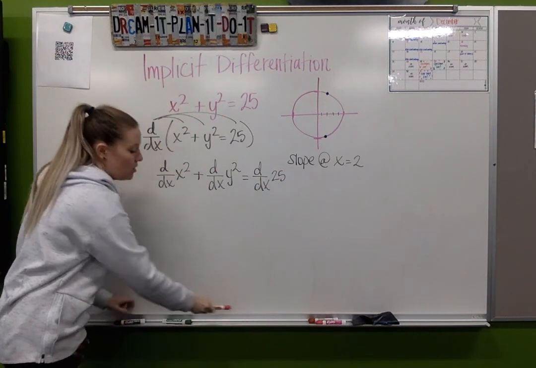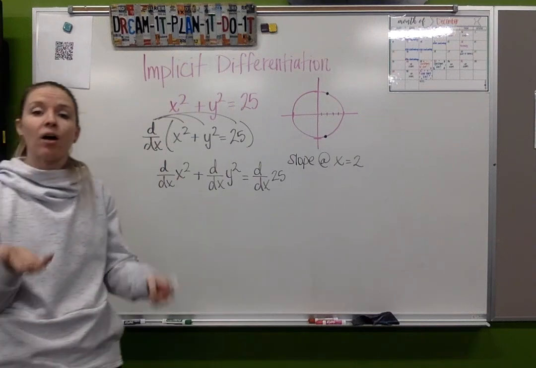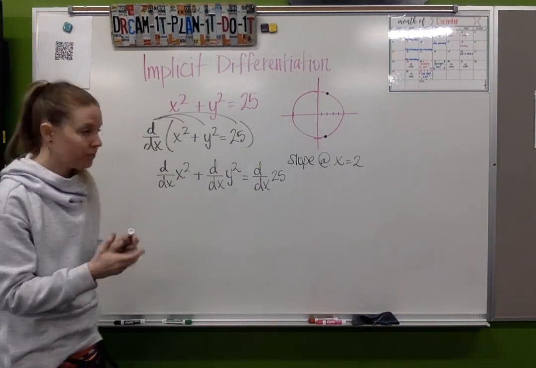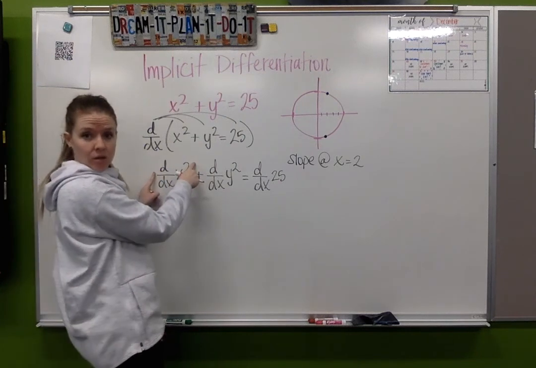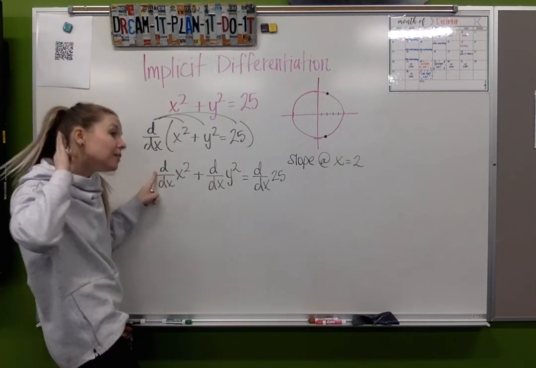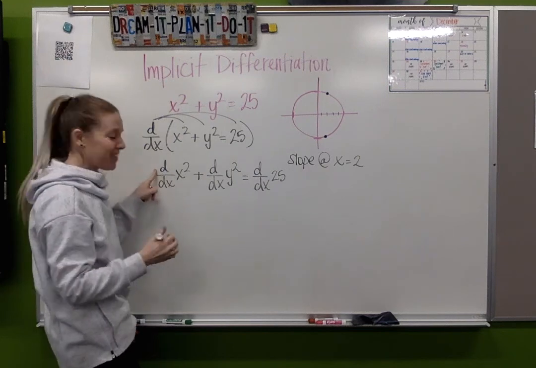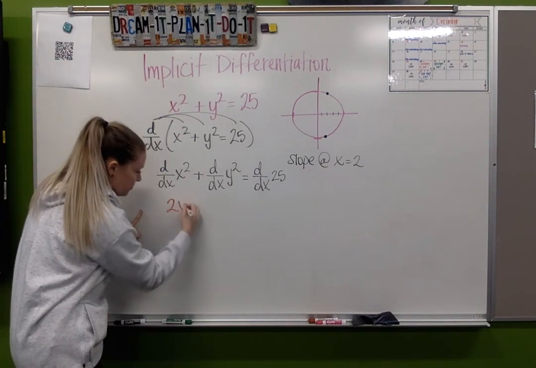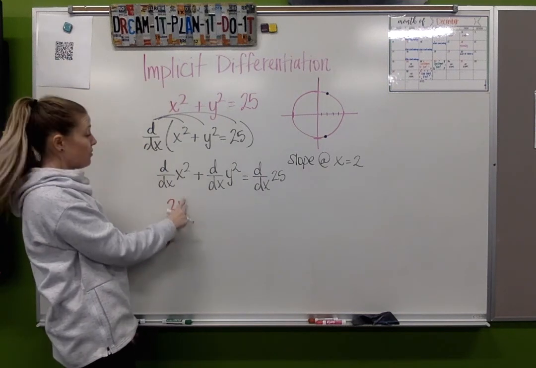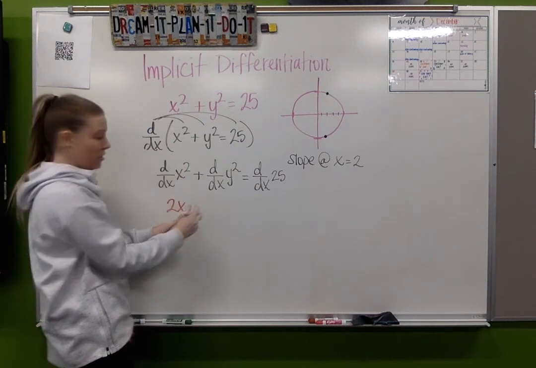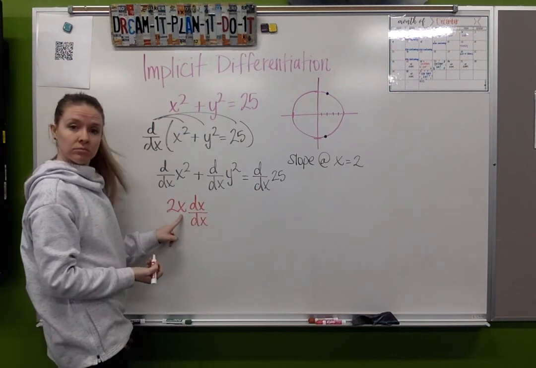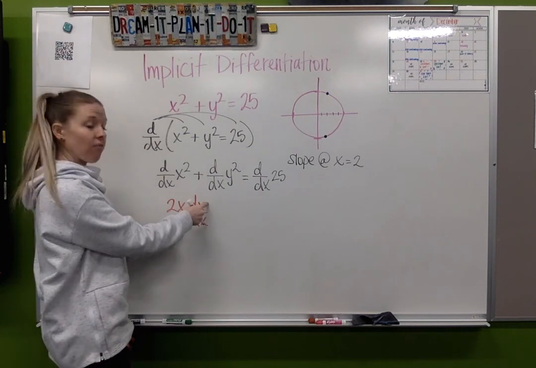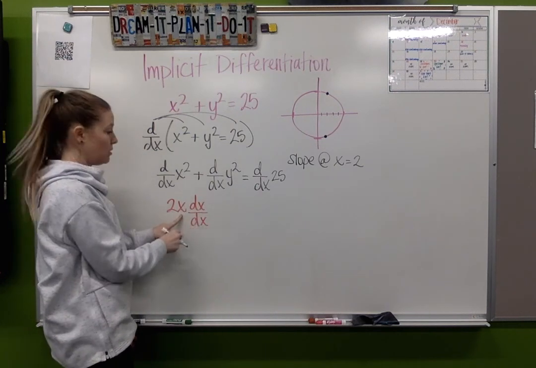We have to take into account what variable we're taking the derivative of. So here, I need to take the derivative of x squared. What's the derivative of x squared? Just kidding, I can't hear you. 2x. We took the derivative of an x variable, so this becomes dx dx, the derivative of x with respect to x.